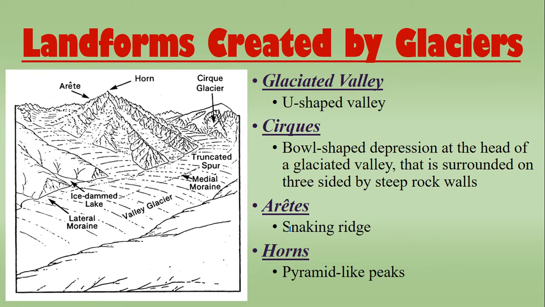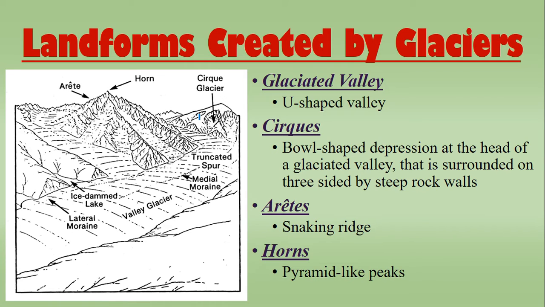So glaciers do create a couple landforms. I'm going to try my best to say these. I am not really good at saying some of these terms, but you have glaciated valleys. These are U-shaped. If you look over here, you can kind of see some glaciated valleys. Then you have cirques. These are bowl-shaped depressions at the head of a glaciated valley.